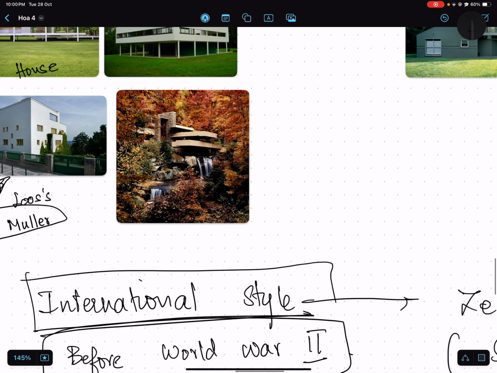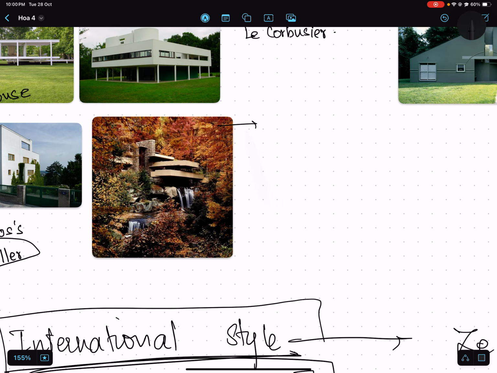And then this, all of us know, F.L. Wright's Fallingwater. And he was also the one who started the Prairie style.